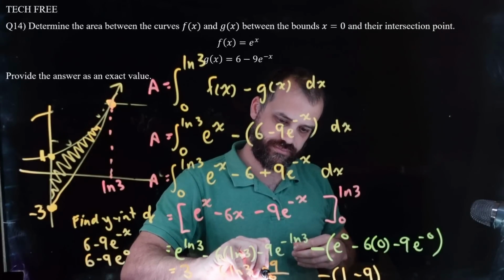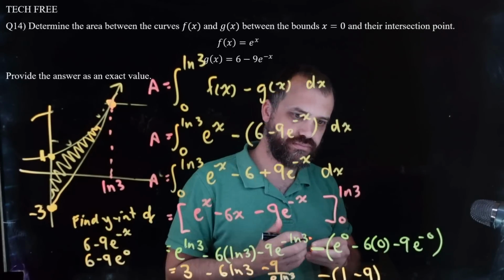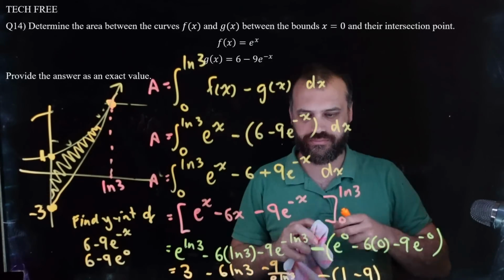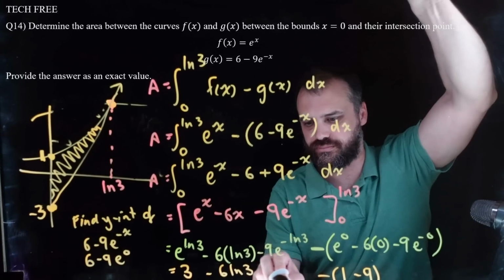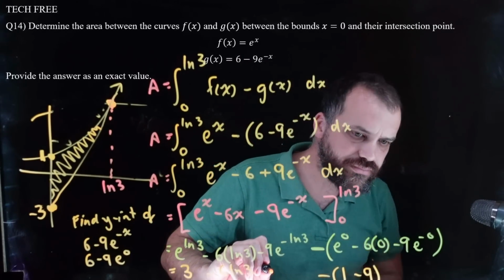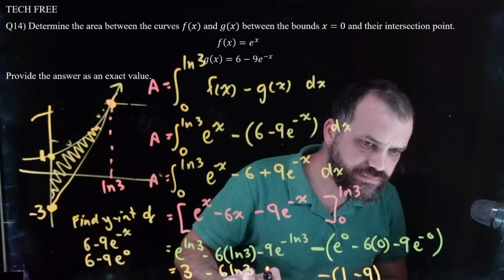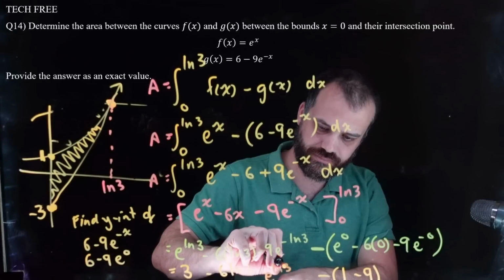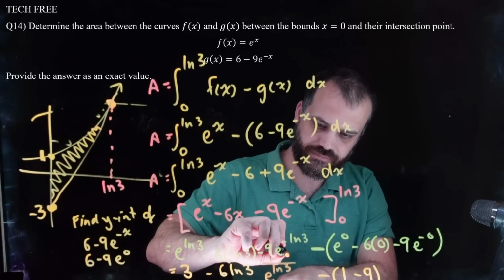All right, so what does all this come together to be? Let's deal with all the numbers, right? 1 minus 9 is negative 8. So minus 8, that bit here is a positive 8. So I'm just going to write that way up here, positive 8. This bit here, 3 minus 3, they cancel each other out.